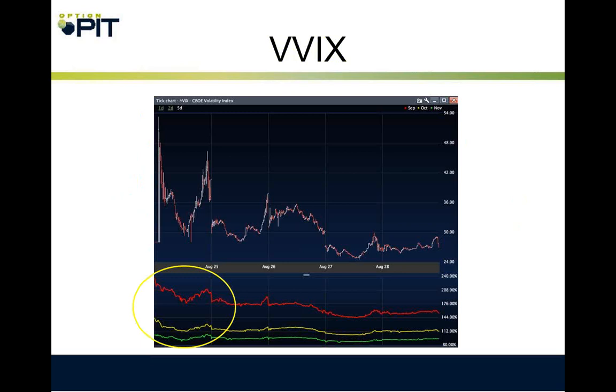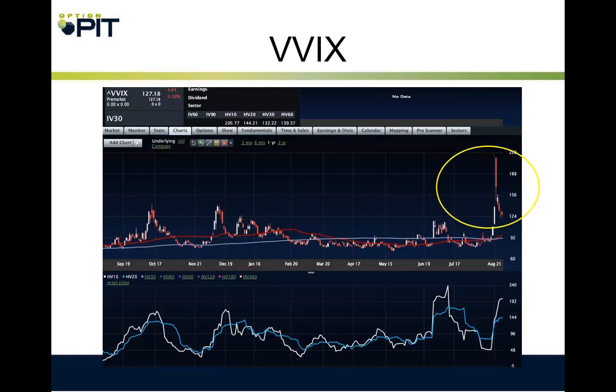This is a snapshot of the flash crash in August of 2015, where volatility in VVIX got into the 200s. Absolute nightmare. And VIX, of course, touched 53, its highest level since 2008. And again, one can see that it backed off.